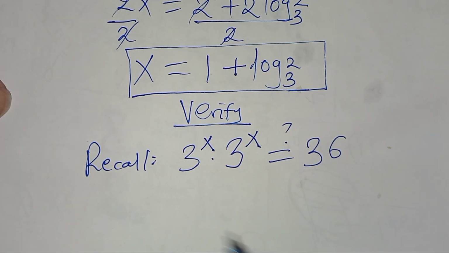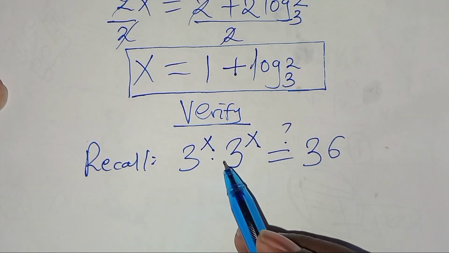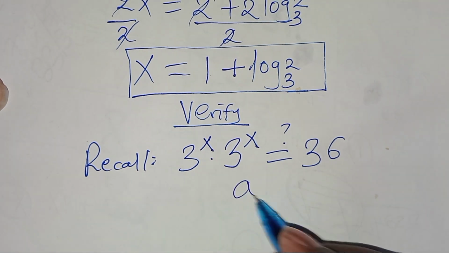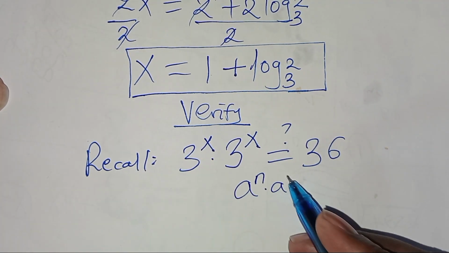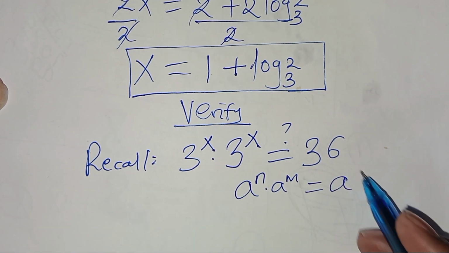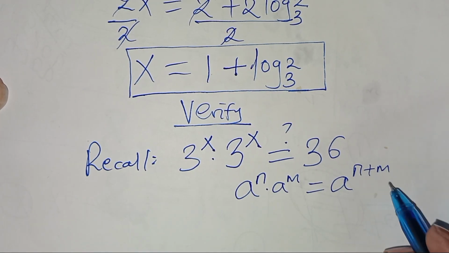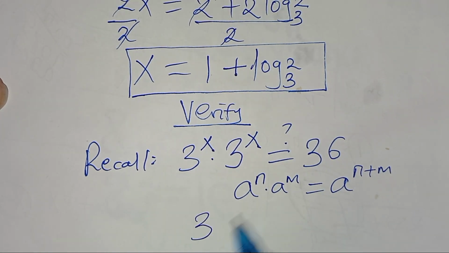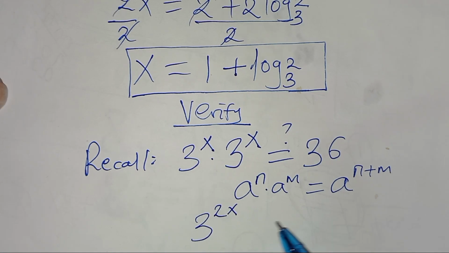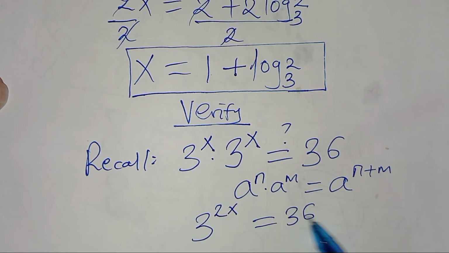Now we say that 3 to the power of x times 3 to the power of x is in the form of a to the power of n times a to the power of m, which we can express as a to the power of n plus m. So this is the same thing as 3 to the power of 2x, which is equal to 36.